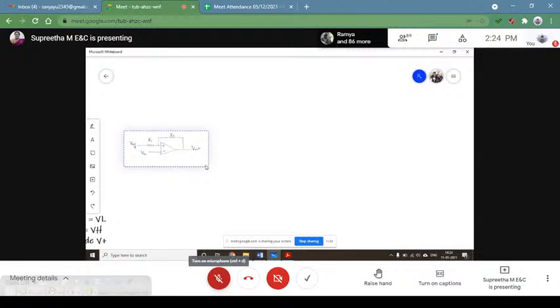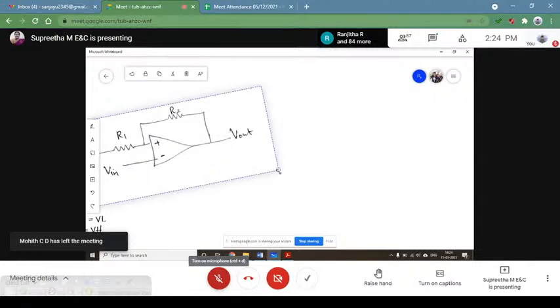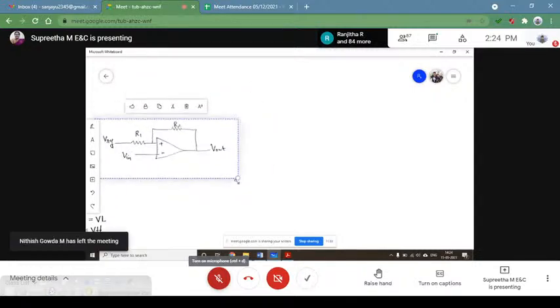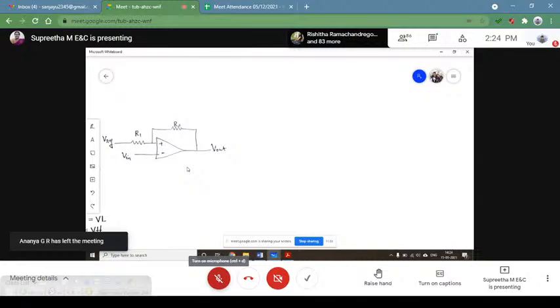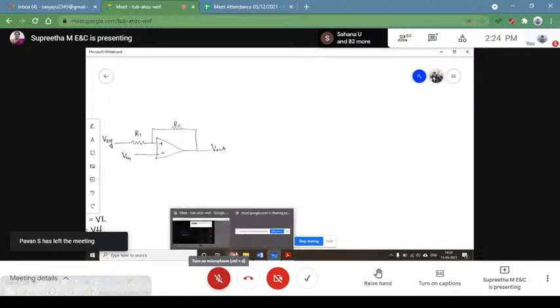We have discussed the same inverting Schmitt trigger without the reference voltage, is it not? Where your R1 was grounded, it is now connected to a DC potential. Now try to analyze this circuit and find out the expression for VUT, VLT and VREF. Sometimes we also call VUT and VLT as VUTP and VLTP, because that is nothing but your upper triggering point and the lower triggering point. Okay, is that clear?